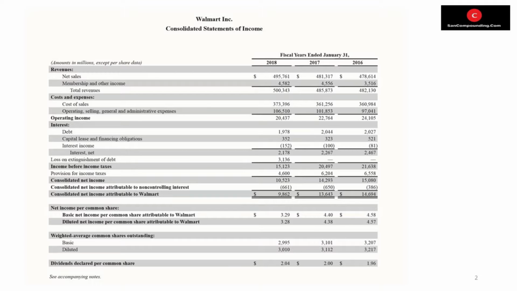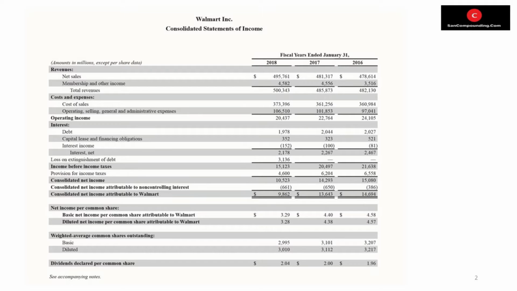These are nothing but Walmart typically rents or leases their operating spaces or their retail stores. Many of them they own, many of them they lease. So they have a leasing obligation which is shown here, $352 million. And then there is a term called loss on extinguishment of debt, which is pretty much the difference between the fair value of the payments made and the carrying amount of the debt at the time of closure or extinguishment of the debt.